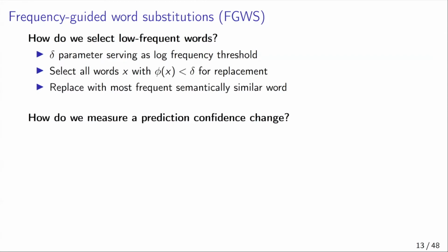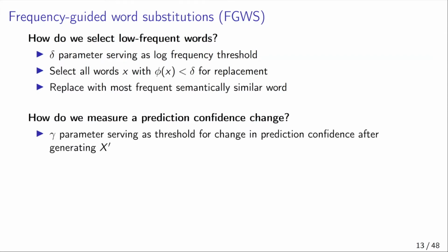The second question is, how do we measure a prediction confidence change? For this, we introduce a parameter which we call gamma, which serves as a threshold for the change in prediction confidence after generating our sequence X prime. The capital F corresponds to the prediction probability on class Y given input X. So we compute the probability of class Y given input X, and from this, we subtract the probability of Y given our input X prime.